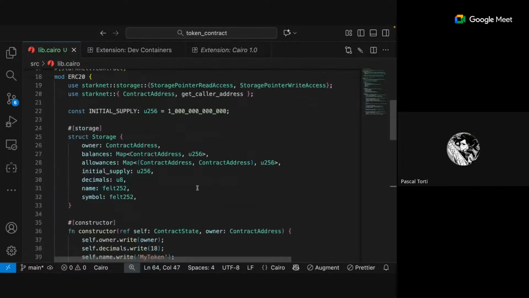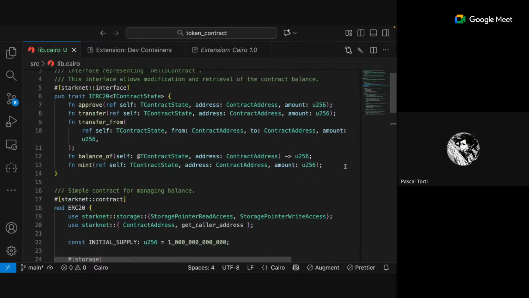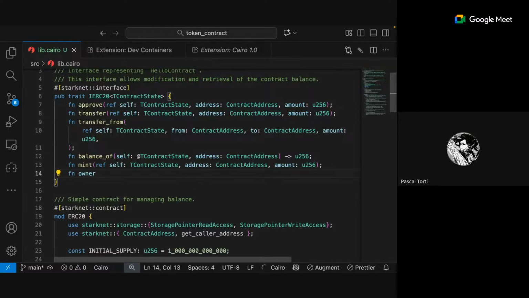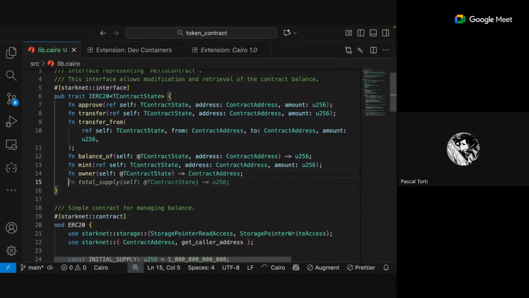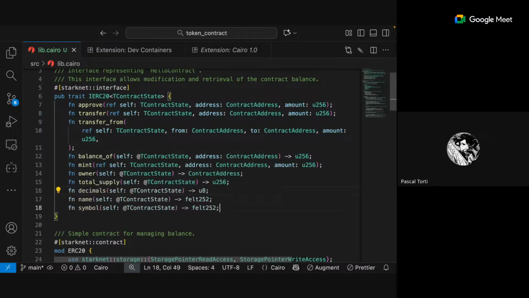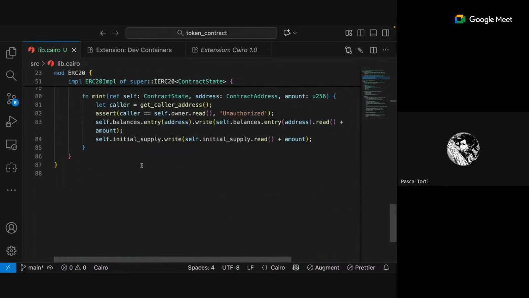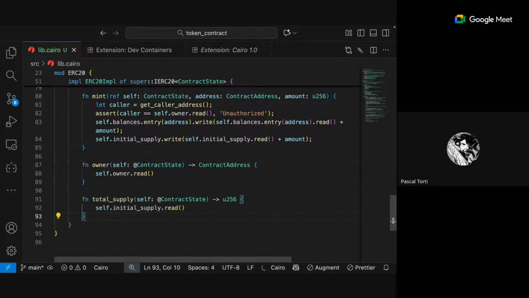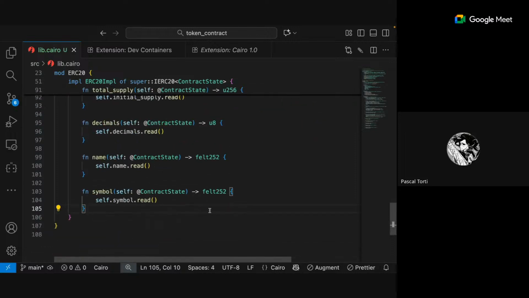But first, let's add the other functions that return owner, initial supply, decimals, name and symbol. Yep, so that should be all.